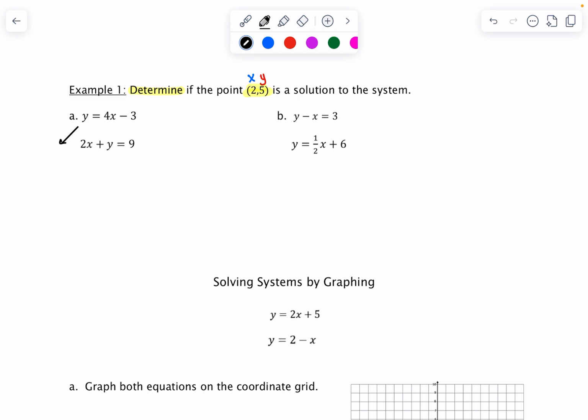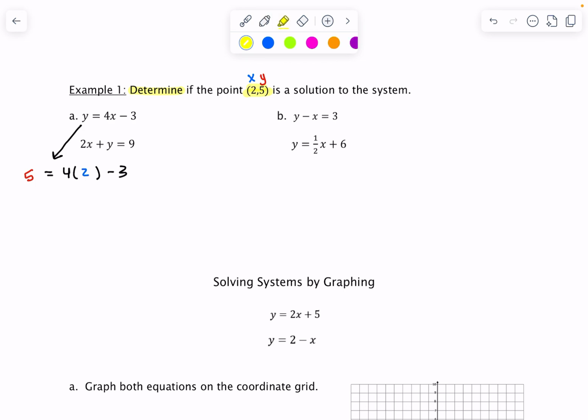Let me take a step back here. Instead of y equals 4x minus 3, I'm actually going to do 5, because 5 is my y value, equals 4, but instead of x, I'm going to plug in 2 and then carry that minus 3 down.